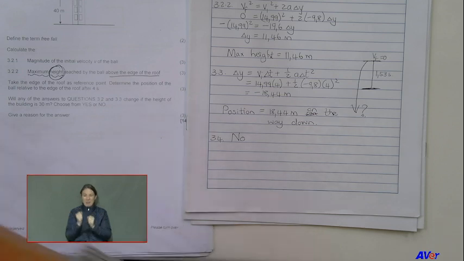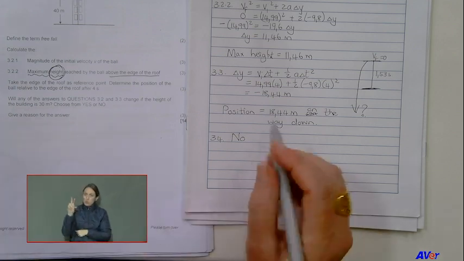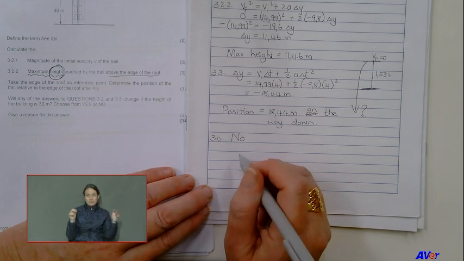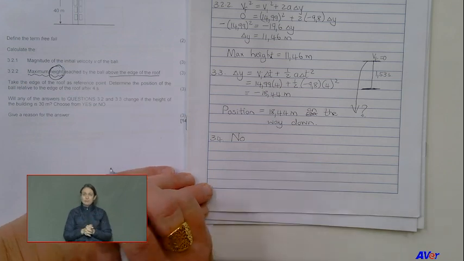Only thing that stays the same is mu k at friction, but so if you have to choose something, don't choose stay the same and don't choose yes. Okay, choose no, and it doesn't stay the same. Okay, the answer is no.